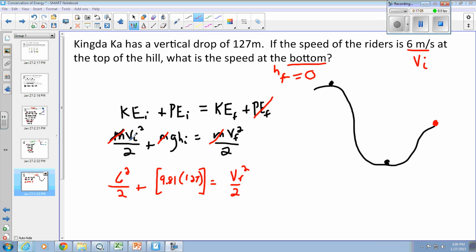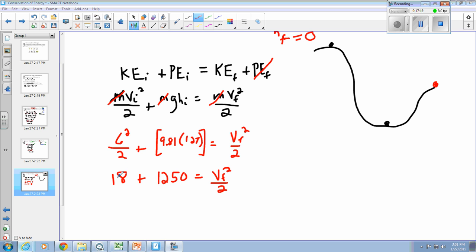Plugging our numbers in, 6 gets plugged in for the initial velocity squared over 2. Add that to our acceleration due to gravity constant times 127. That yields 1250 equals Vf squared over 2.